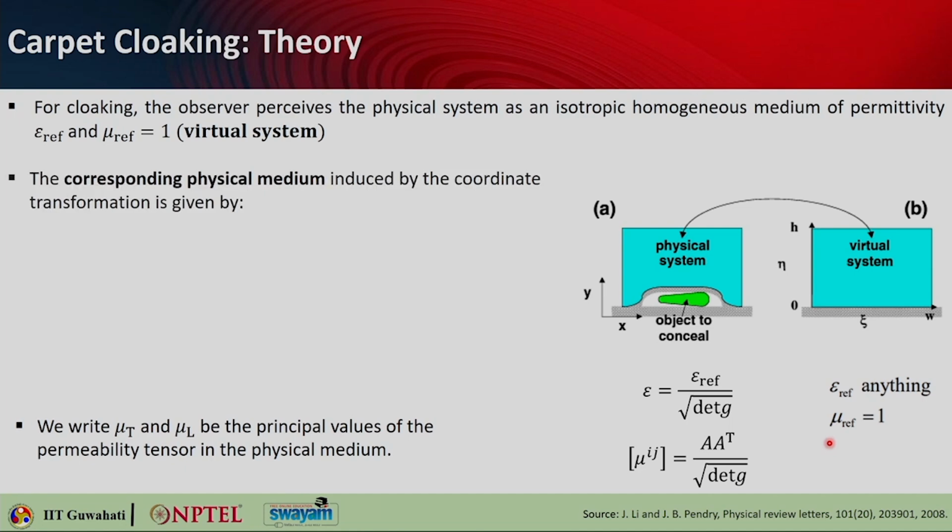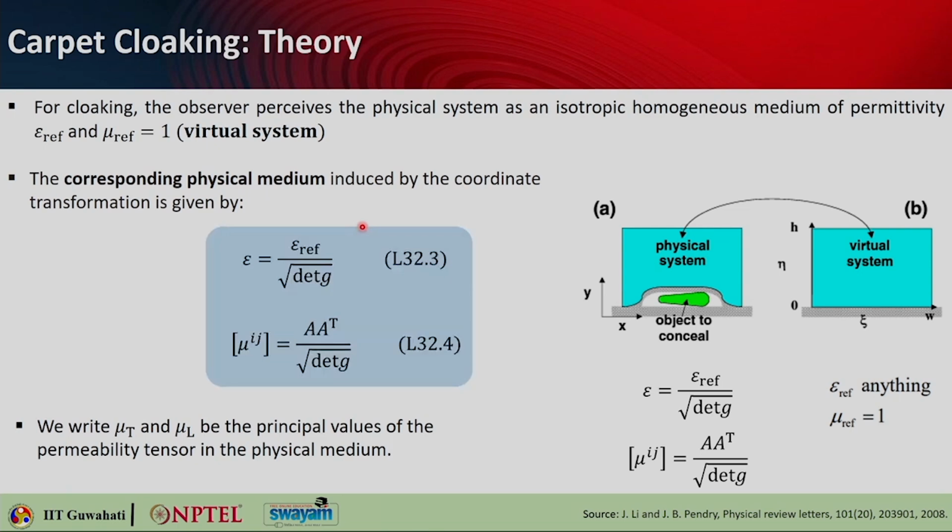So, the corresponding physical system induced by the coordinate transformation will be given by this. Epsilon is basically epsilon_ref over the square root of the determinant of the covariant matrix G, and you can also obtain the permeability mu_ij, which will be given by A transpose A over the square root of the determinant of G. With that, you will be able to write down the transverse and longitudinal values of the permeability.